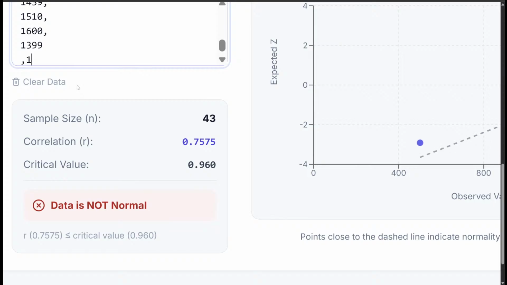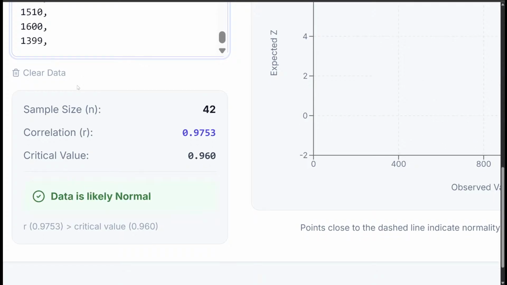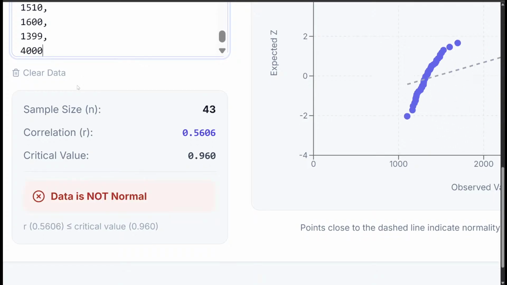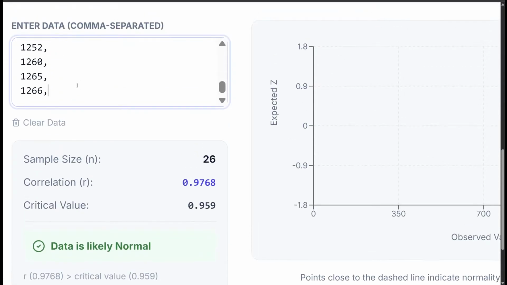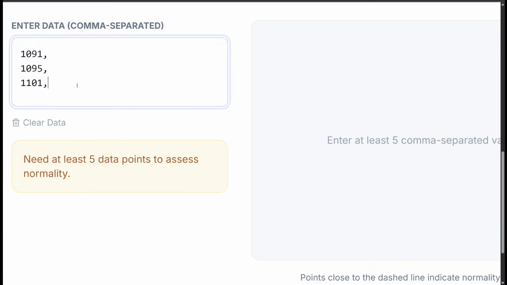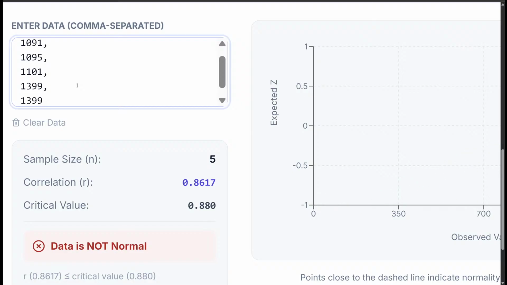I think that's actually the highest it'll go. The more data points you have, the bigger your critical value is. Okay? So as you get more and more points, your critical value goes up.